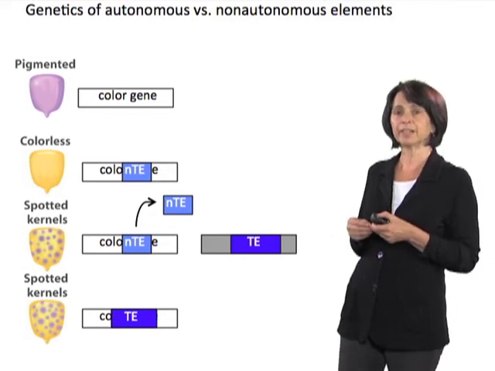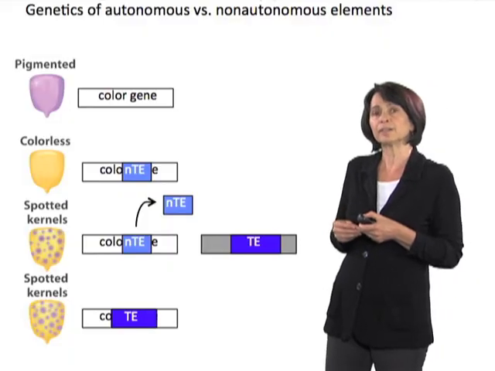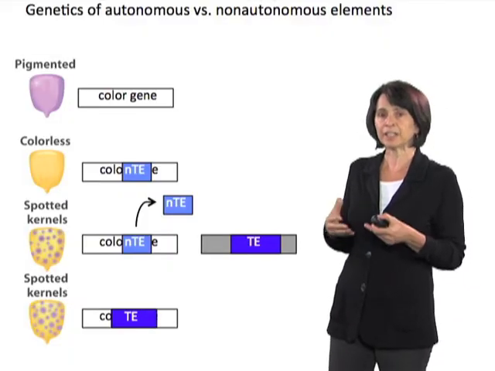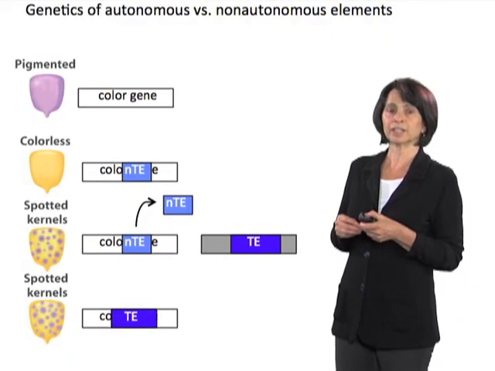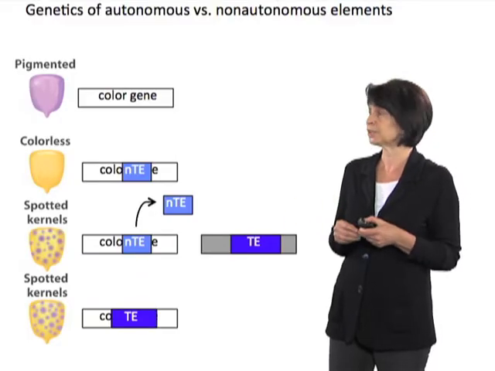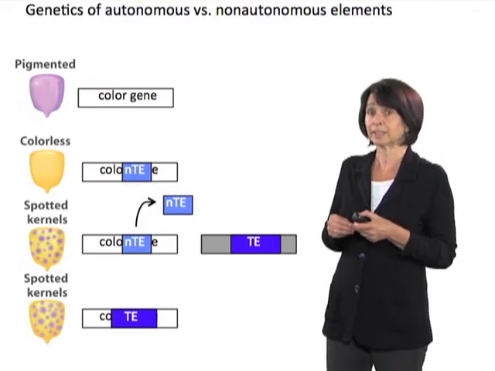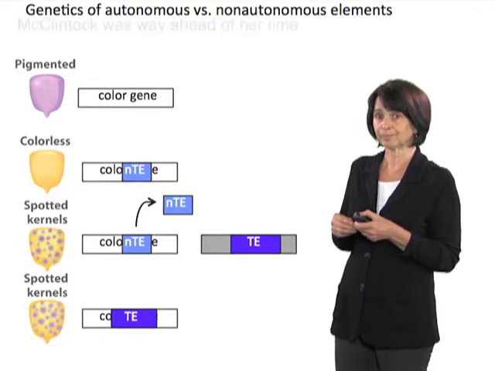We have the autonomous element, defined as an element that provides everything needed for transposition, and non-autonomous elements, which can only move or transpose in the presence of the autonomous element. That is, if the autonomous element is in the genome simultaneously.